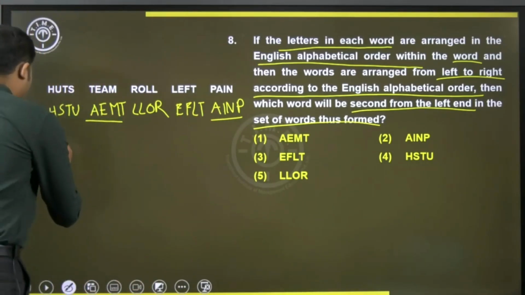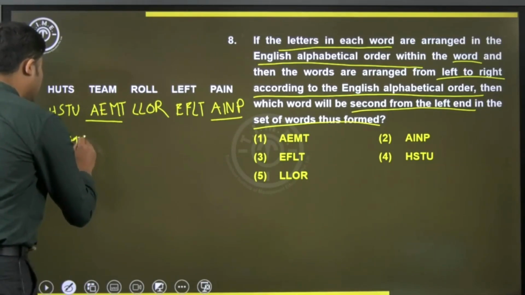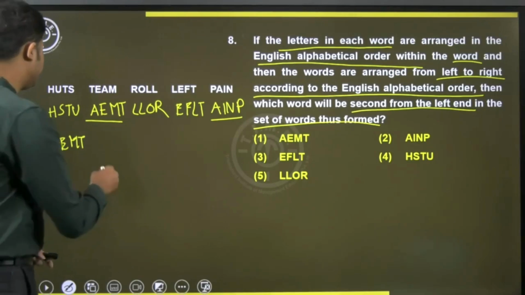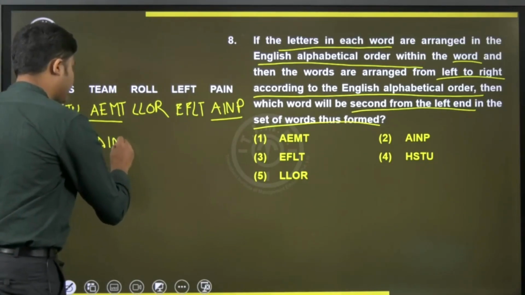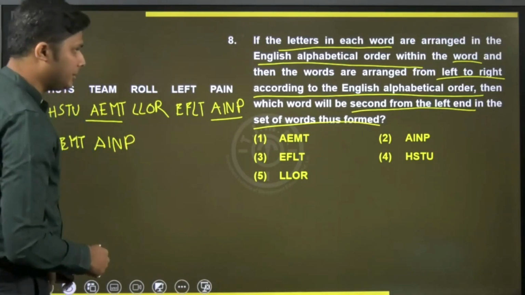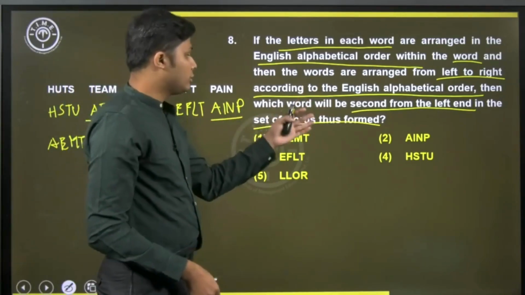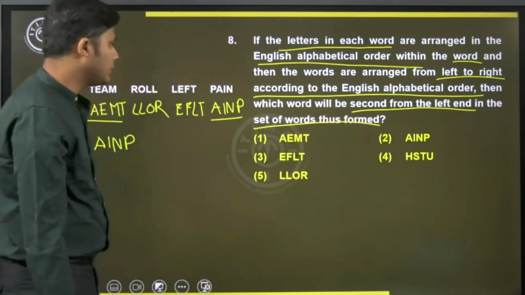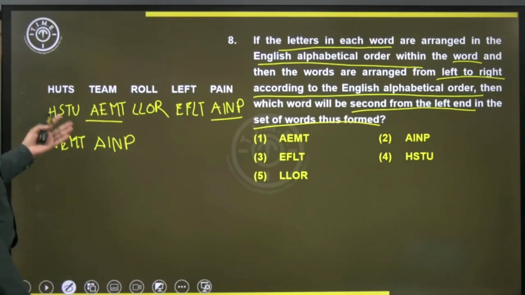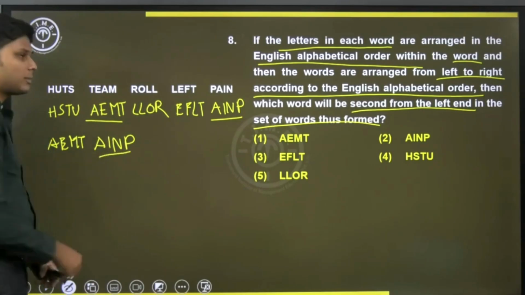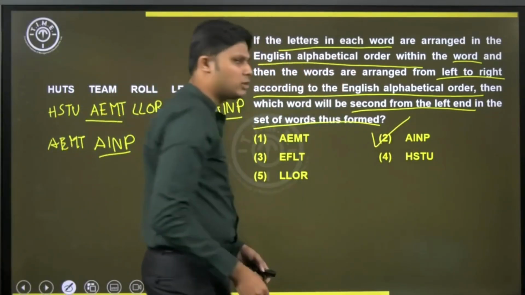So A, E, M, T would be the first word, and the next would be A, I, N and P. Here we are asked to find out which word will be second from the left end in the set of words thus formed. So we can clearly check, we need not arrange the other words as we got the second word from the left end, which is A, I, N, P, given in choice 2.